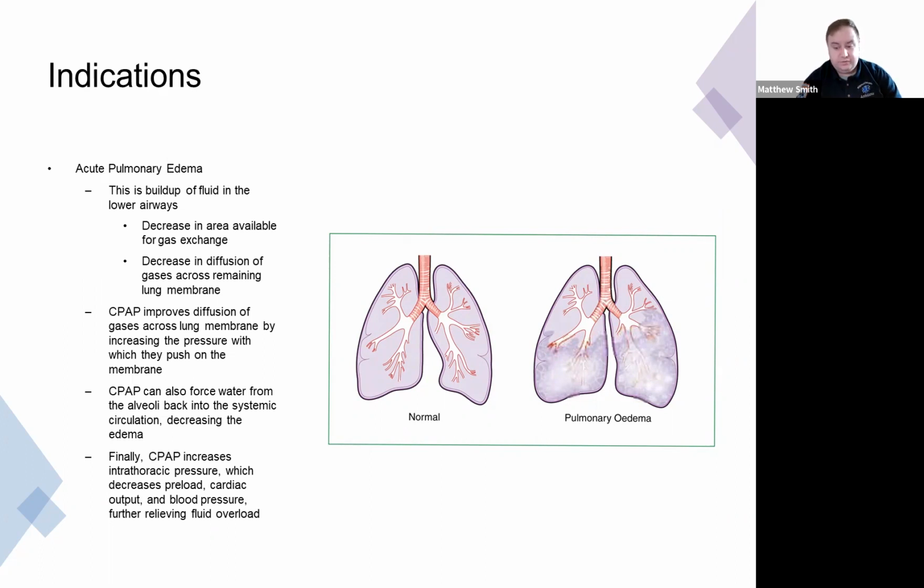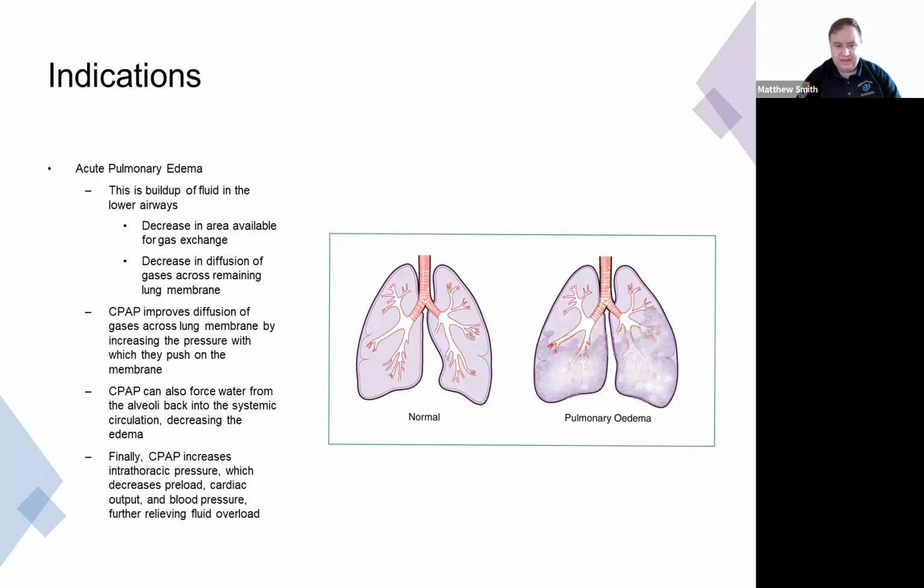So again, typical APE patient is going to have very high blood pressure. They're going to want to sit up. If you lay them flat, they're going to become much more distressed. They're going to say that they are sleeping with lots of pillows propping them up at night.